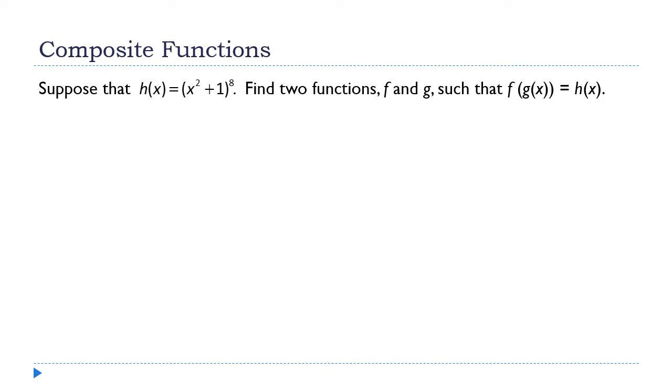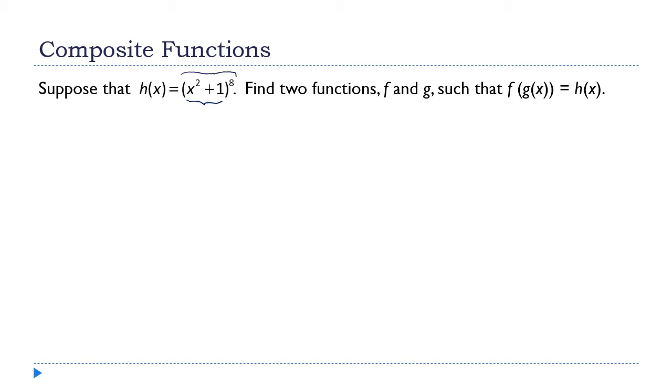But to be able to do this, we need to be able to think of this h of x as the composition of two functions. When I look at this h of x, I see two functions here. I see this x squared plus 1, and then I see this 8th power.